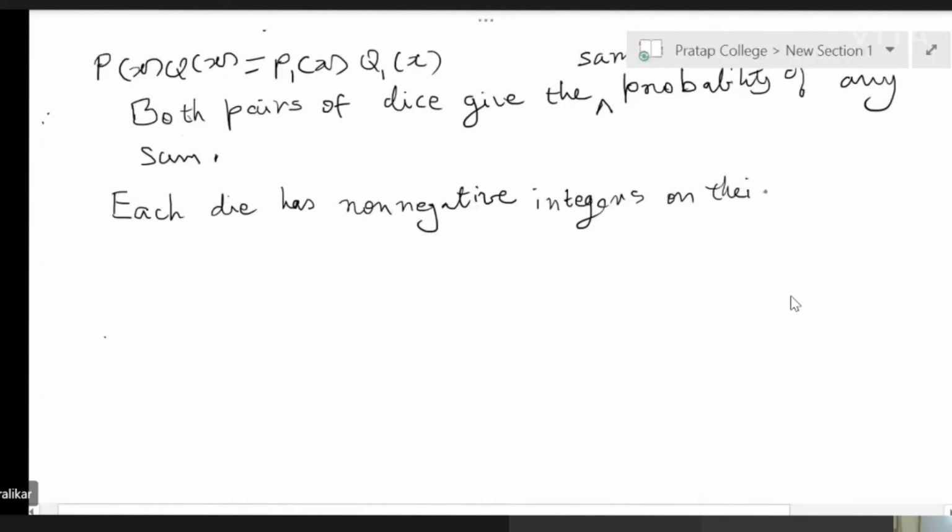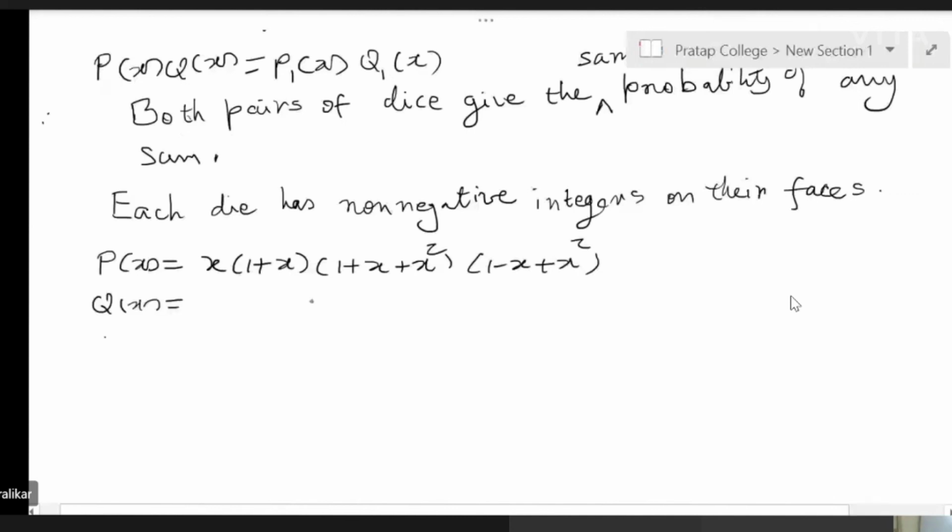So what difference does it make? We had already factorized our px and qx. What were they? 1 plus x, then 1 plus x square, and 1 minus x plus x square. Each one, px and qx both. Okay. Now, we made the condition that each face has got a positive integer on its face.